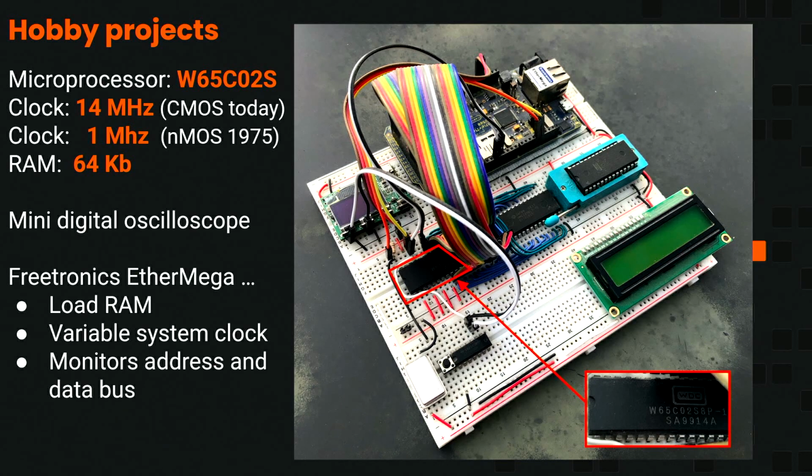Up on the top left there's a little digital oscilloscope, so I can look at the clocks, and I'm also using an Arduino from John that can load the RAM with programs, move the clock from 0 up to a few megahertz, and monitor the address bus. It's so much easier today to play with this stuff than it used to be. We've got C compilers and a little Lisp interpreter. It's a lot of fun.